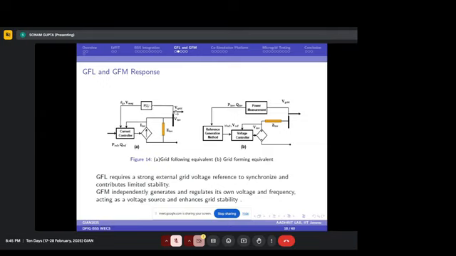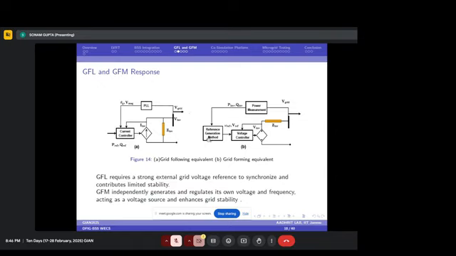That means it depends upon the external grid voltage reference for synchronization. In the grid stability case, it has less capability of contributing to grid stability, especially during the integration of distributed energy resources. So here our main approach is to upgrade the response from GFL to GFM, first from the battery storage system.